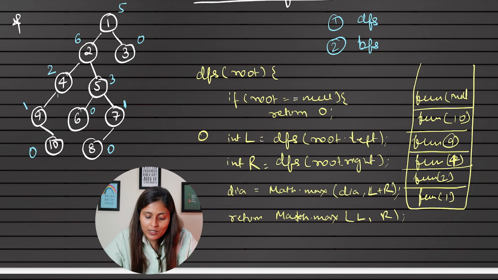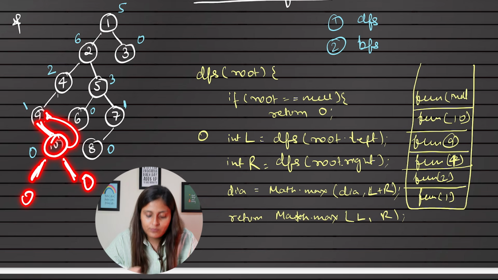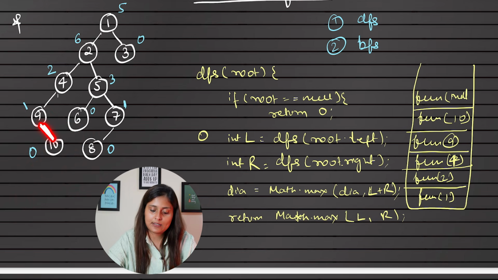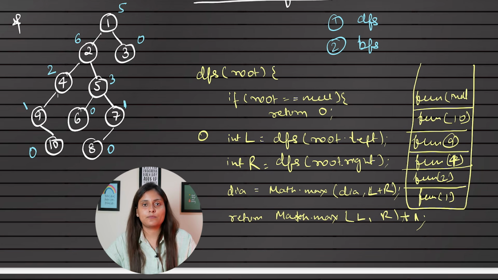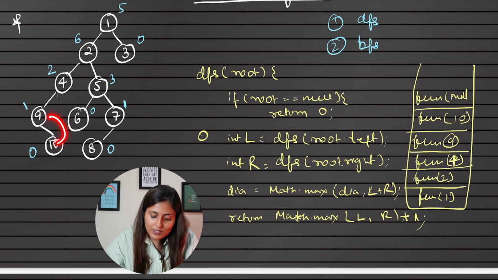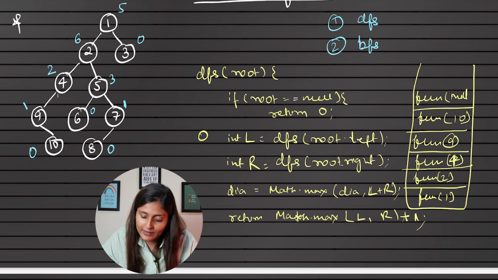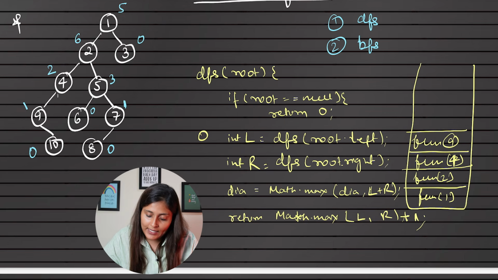Now you will come here. 10 has left 0, right 0, correct? Plus 1 for this, so it will return plus 1. For 9, 10 has to be removed from the function call. Now we are at 9, and after this line of code it will also return.